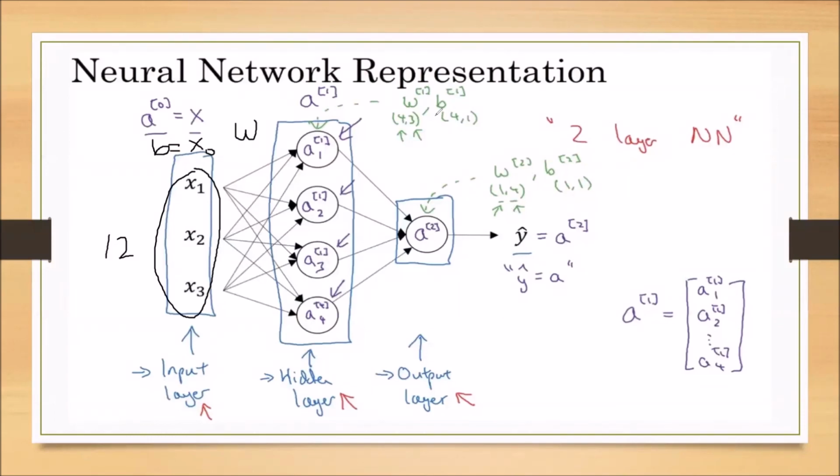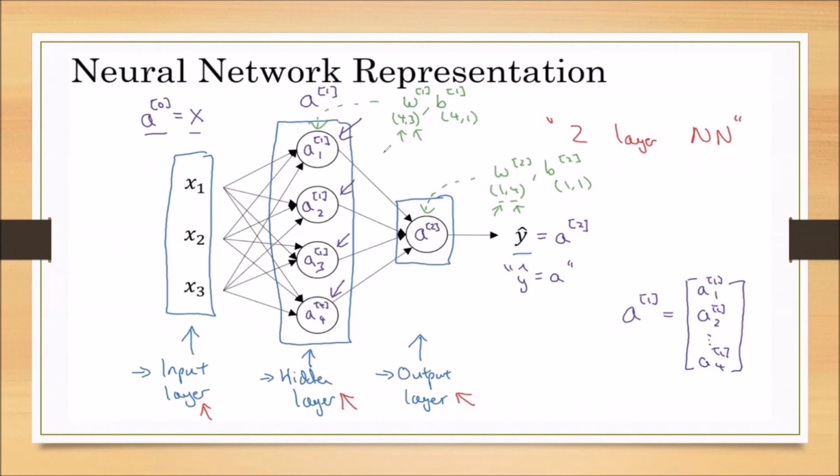We represent that as W of 4 by 3, 4 rows and 3 columns. The rows of the parameter matrix are decided by the present layer, and columns are decided by the previous layer. Or we can say the rows are represented by the next layer and the columns by the previous layer. According to our convention we can take either, there is no problem.